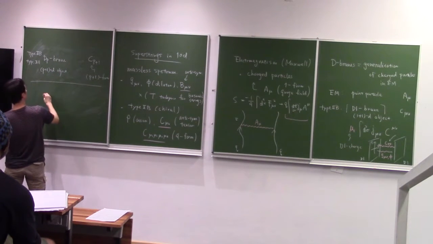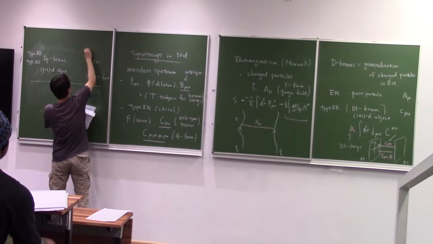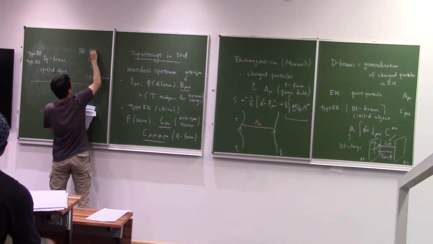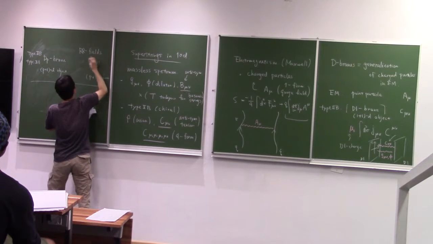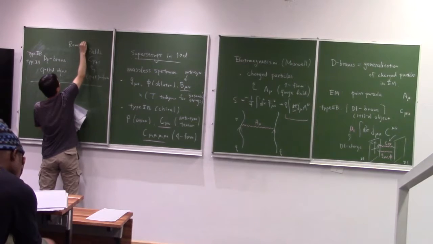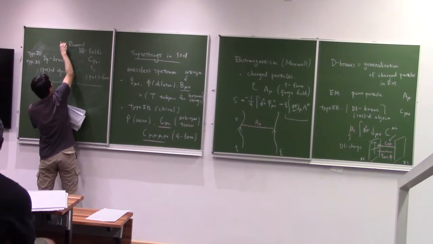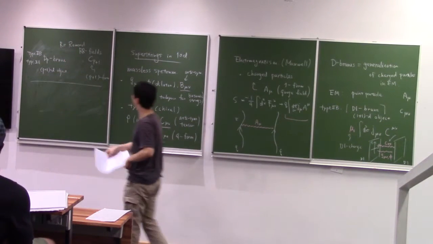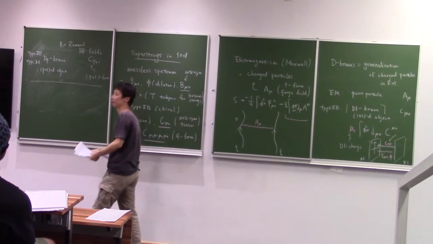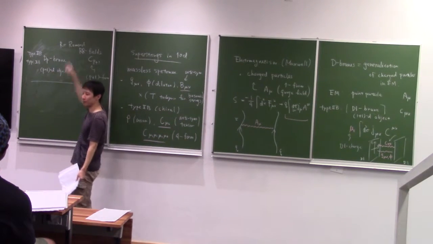So this is called Ramond, Ramond. For history and technical reasons, these are called Ramond fields.